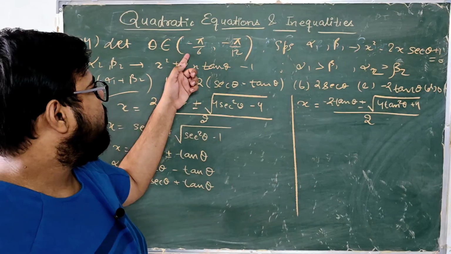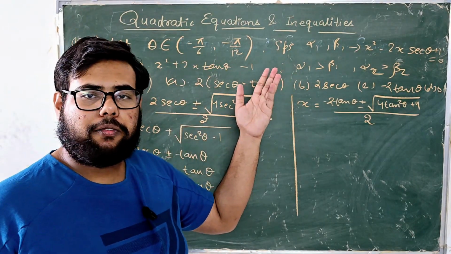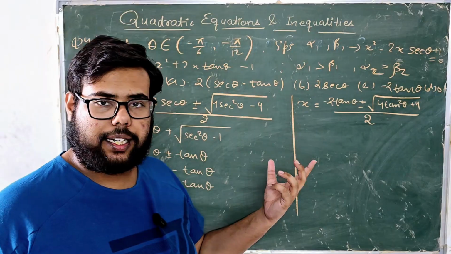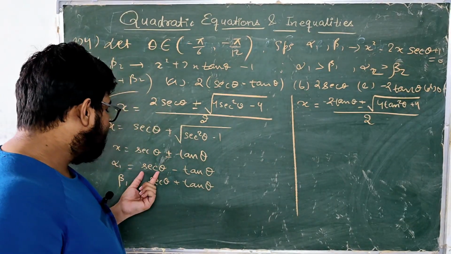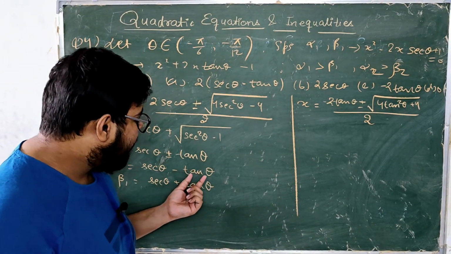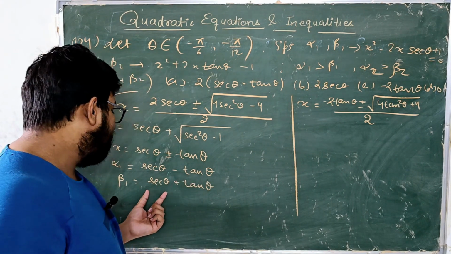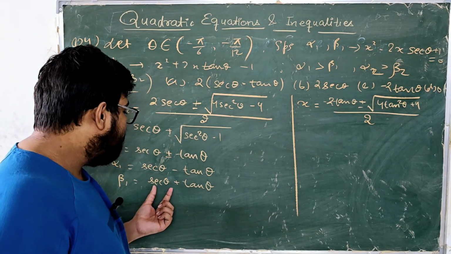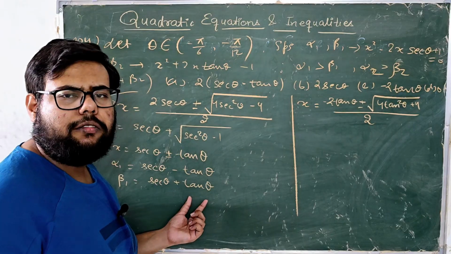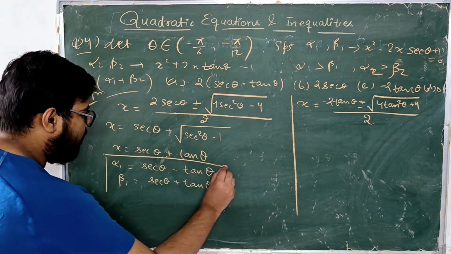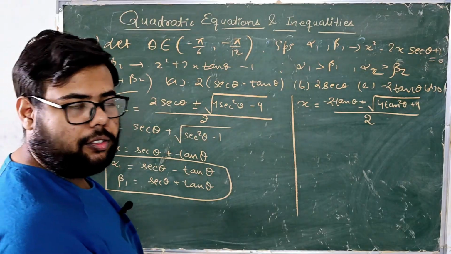So in this domain, tangent will be, of course, negative and sec theta will be positive. So this is positive minus a negative quantity, which will be positive plus positive. But over here, it will be a positive value plus some negative value, which will be, of course, less than this value. So this is alpha 1 and beta 1.